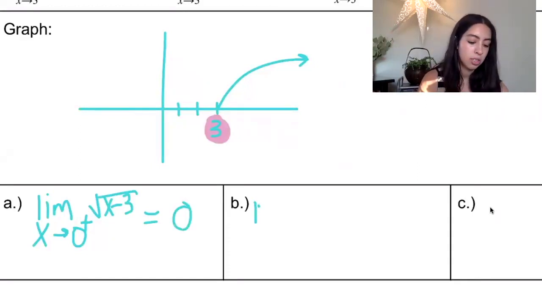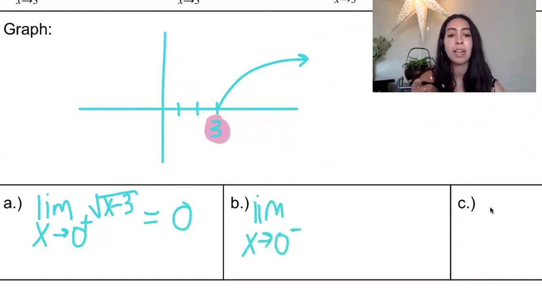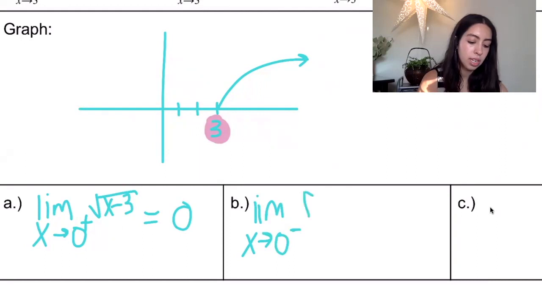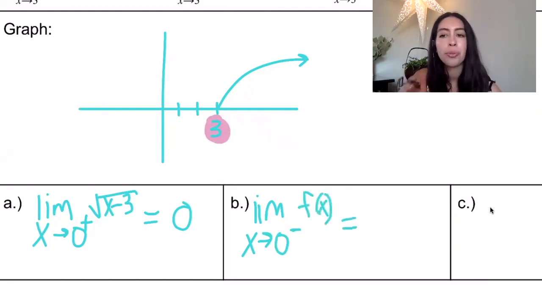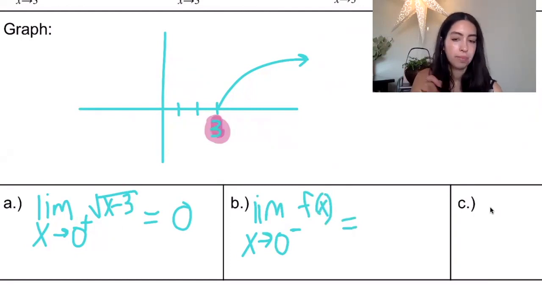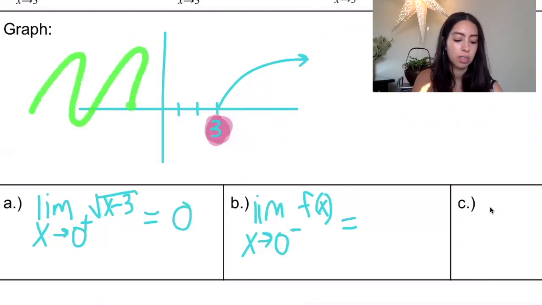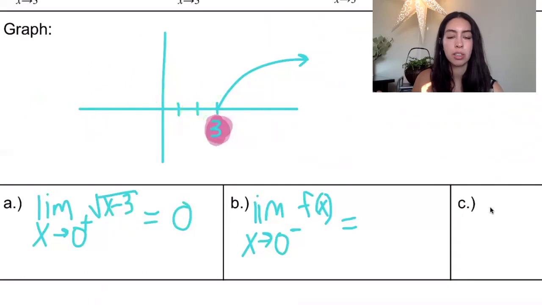The next part asks the limit as x approaches 3 from the left side. Now I'm going to write f of x there. Okay, so I've got 3. Again, I know it's there. Now I want to trace the graph on the left side of the graph, but guess what? There's nothing over here. There's no graph to the left of 3.